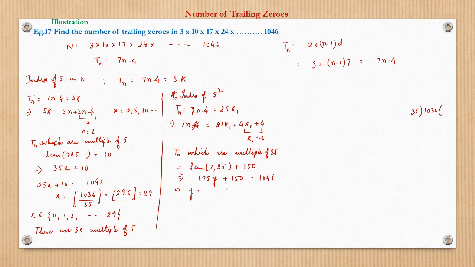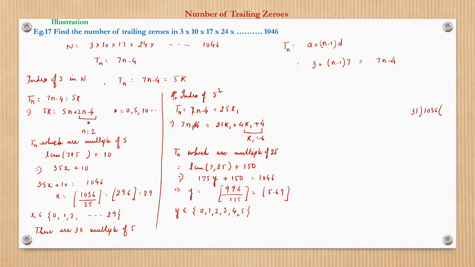So y becomes here 996 by 175, so that is nothing but 5.69. So typically y can take which values? 0, 1, 2, 3, 4 and 5.